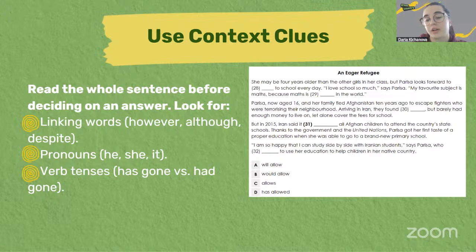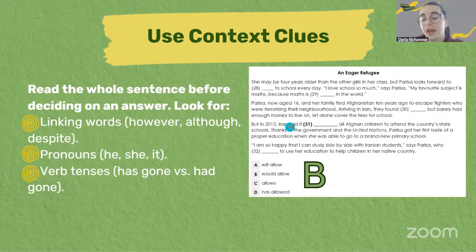So when we are talking about this question, the correct answer will be B, because here we have reported speech. And as you know, we need to take a step back when we are talking about reported speech. So will allow won't be correct because we will have would allow. If we had future simple in direct speech, we need to change it into would.